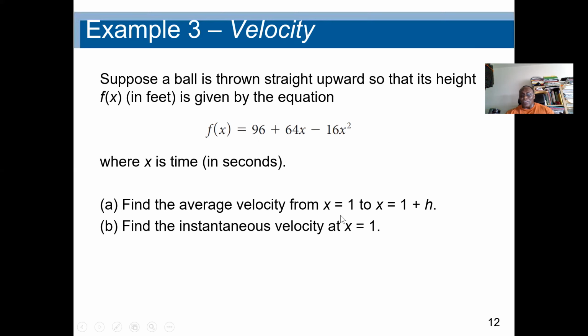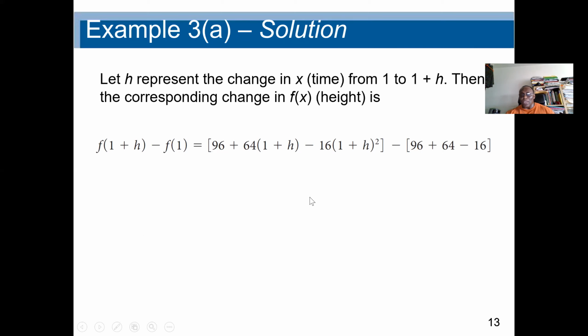Now, in this case, a will be 1, b will be 1 plus h. So that's why here we have f of 1 plus h, which is f of b, minus f of 1, which is f of a. So we solve the numerator first. Then the denominator will be 1 plus h minus 1, which will give us h.